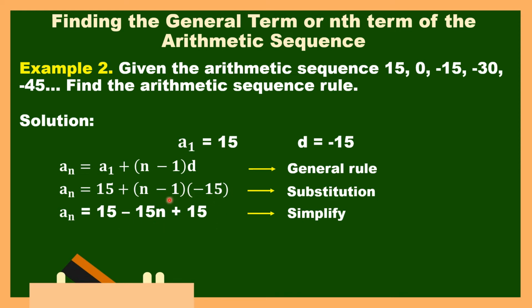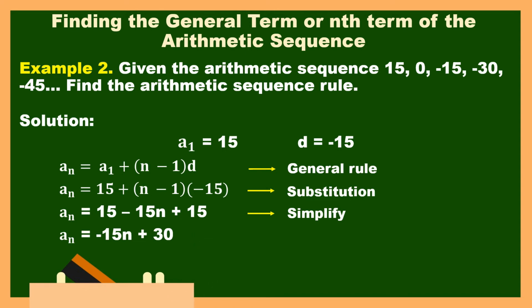And negative 15 times negative 1 is equal to positive 15. So ngayon, isimplify na natin or i-combine yung like terms na 15 and 15. So ngayon, a sub n is equal to negative 15n plus 30. So saan nanggaling si 30? Si 30 po ay nanggaling sa kay 15 plus 15.